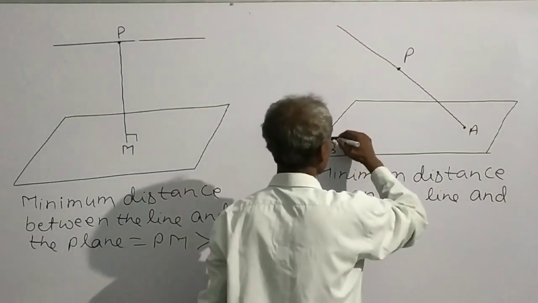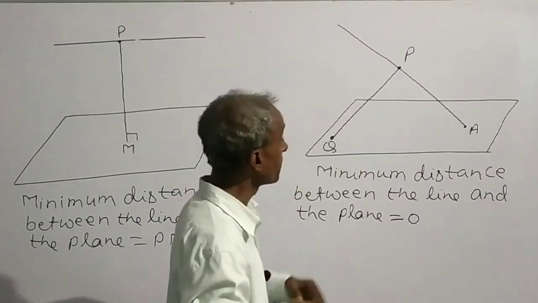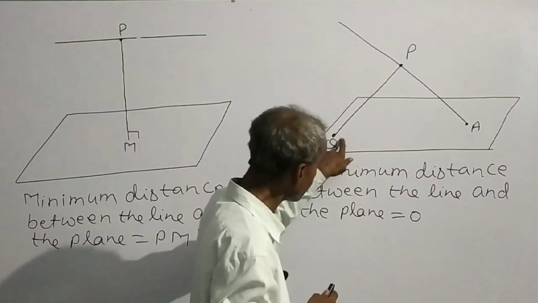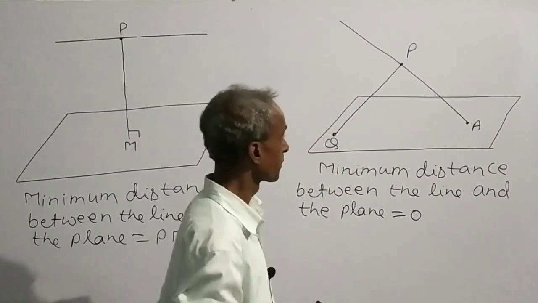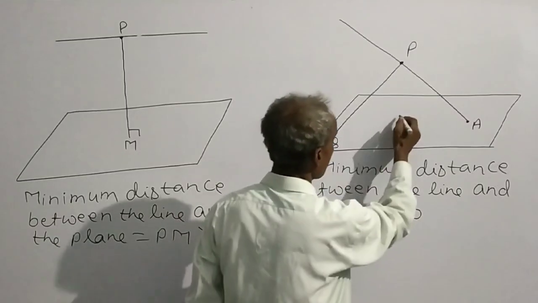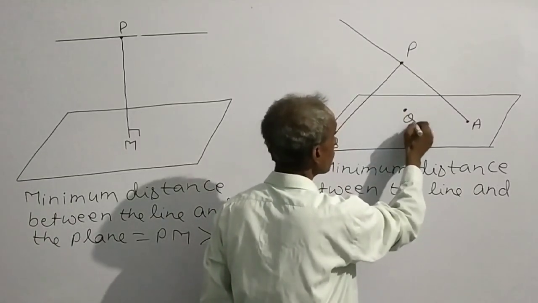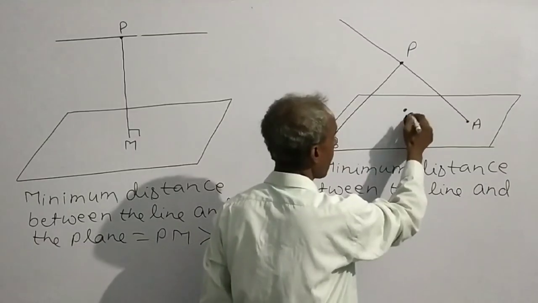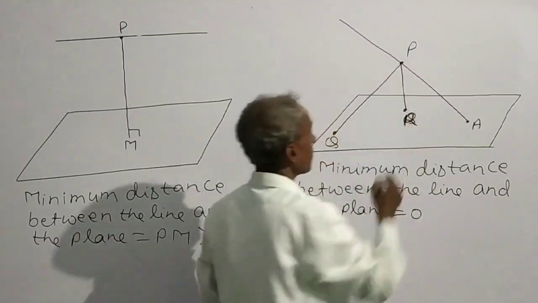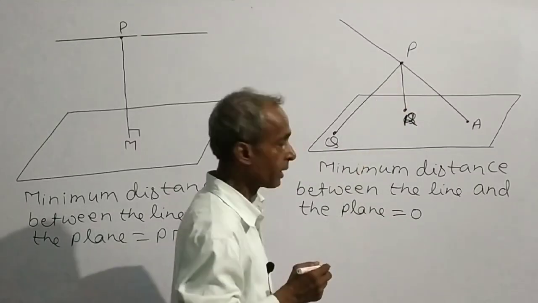Then PQ is the distance between a point on this line and a point on this plane. If we take another point on this plane, not Q but R, then this PR is smaller than PQ.